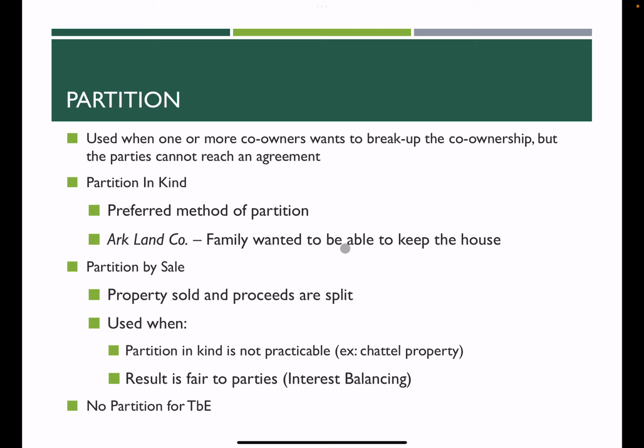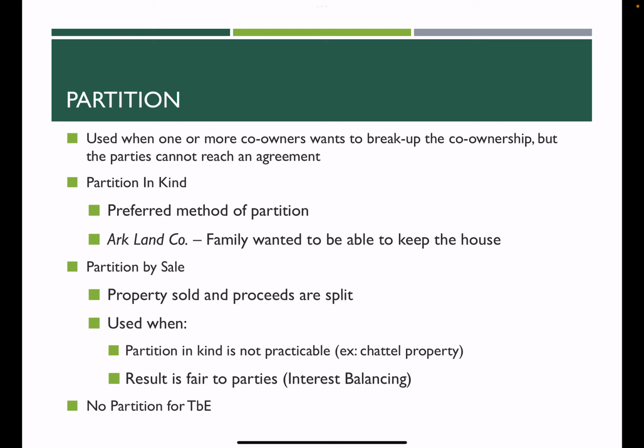Okay, so moving on to partition, the case that you all looked at for this was Arkland. There are essentially two types of partition: partition in kind, which is the preferred method, and then partition by sale. Partition in kind is preferred because courts don't really like to force people to sell anything. They prefer private agreements.